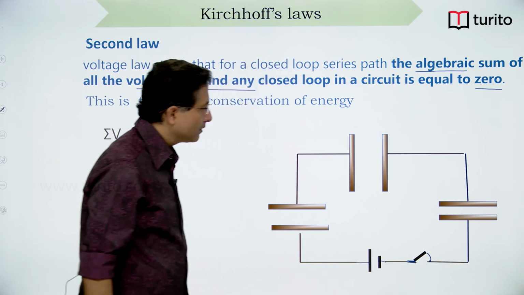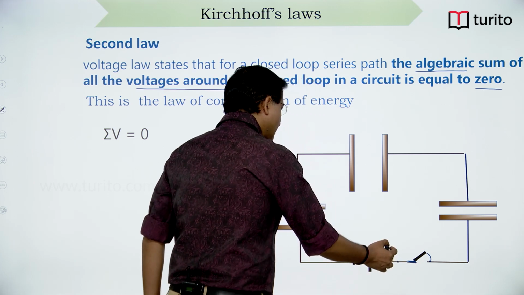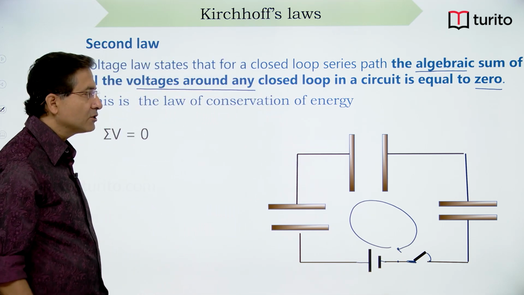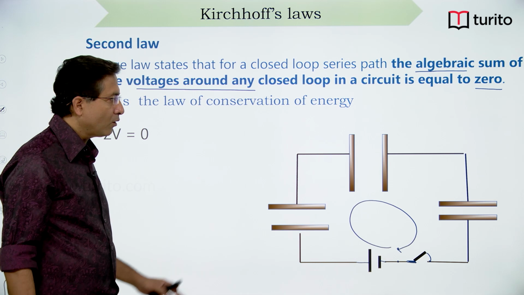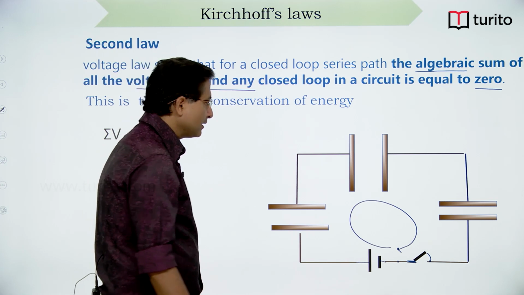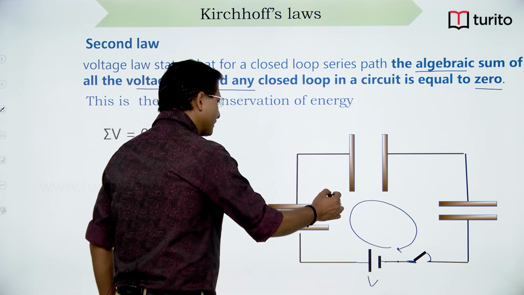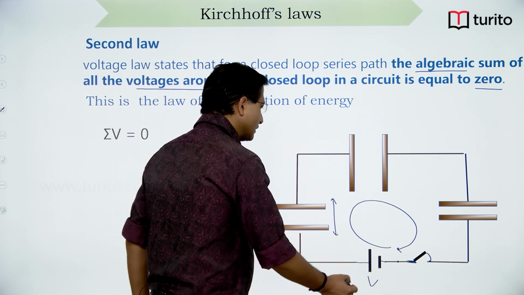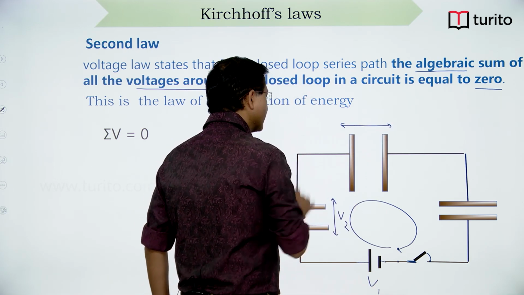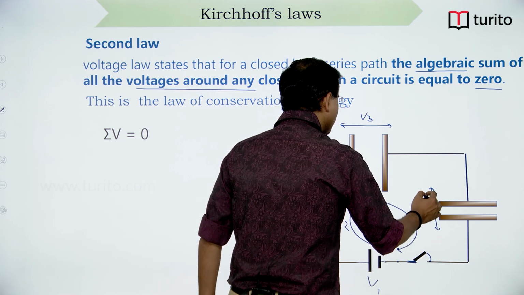Now, what does that mean? If I start from this point and, following this path, I get back to the same point, the summation of voltage drops across all the elements in the loop has to be 0. So, if I say let this be V1, voltage drop coming here, this is V2, the voltage drop across this circuit element is say V3, and the voltage drop across this circuit element is V4.